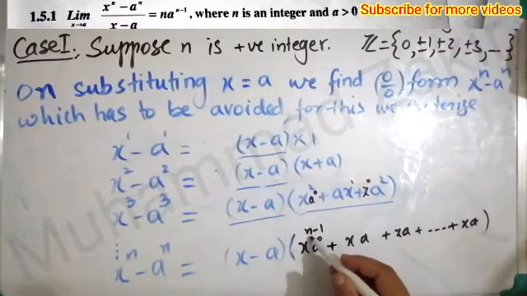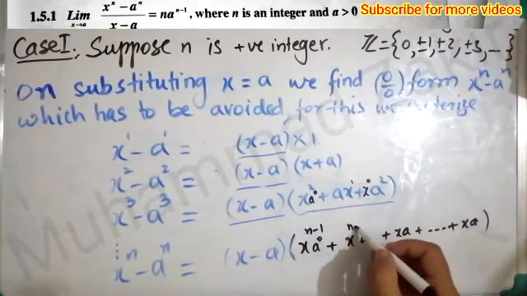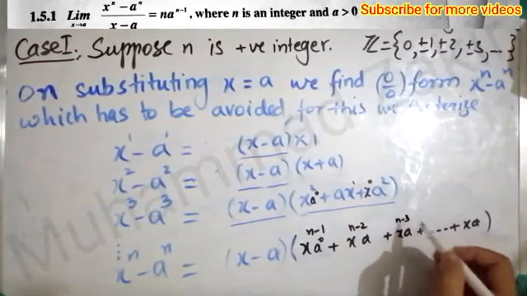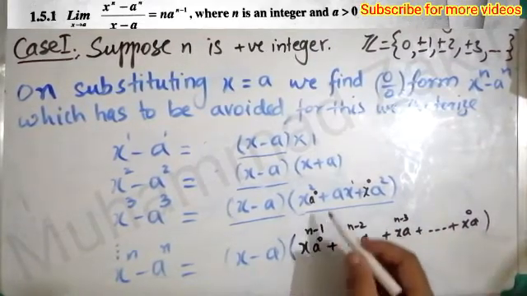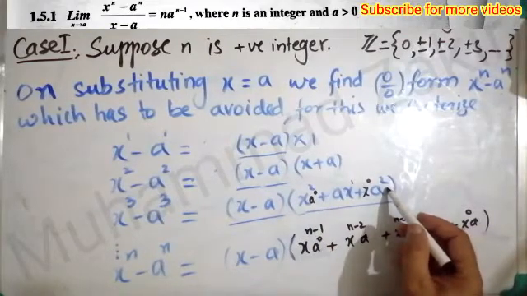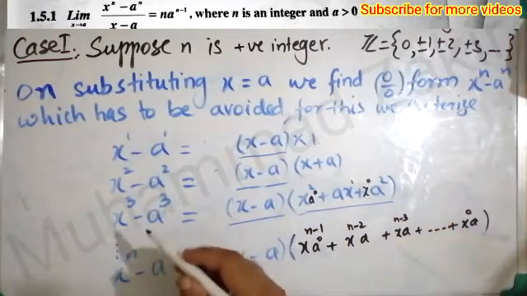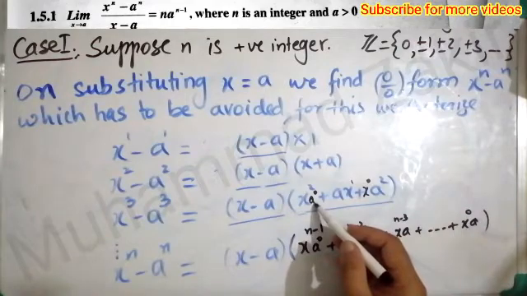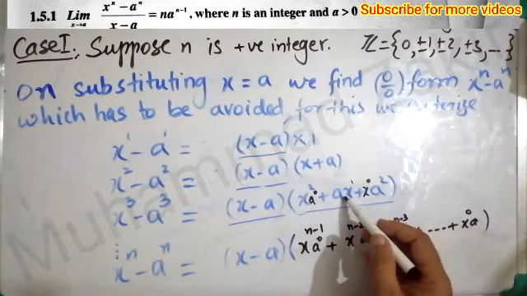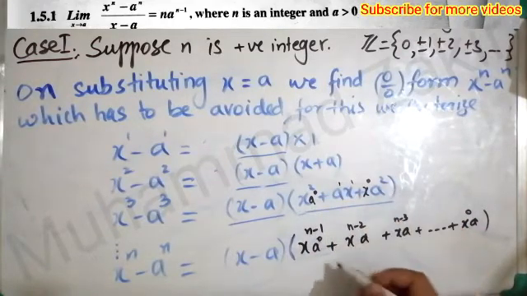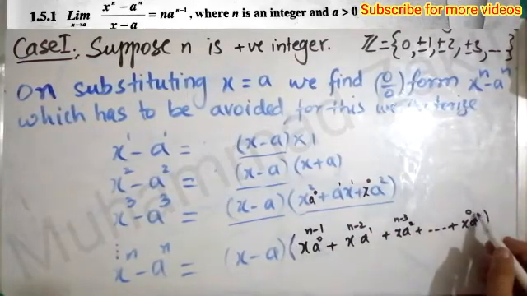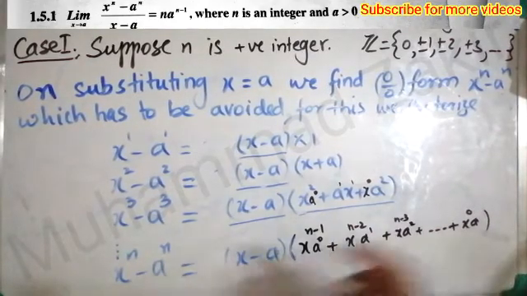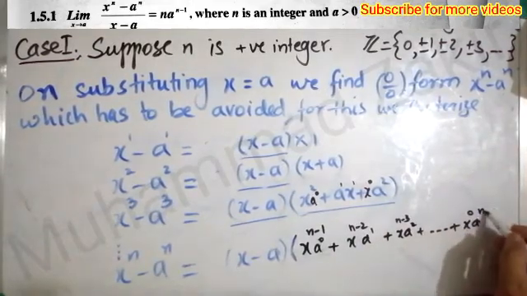Power of x decreases from n minus 1, n minus 2, n minus 3, and so on to 0. Power of a increases from 0 to 2, 1 less than this. This has 3 power. Power of a increases from 0, 1, 2, and so on up to 1 less than this. This is n, it will be n minus 1.